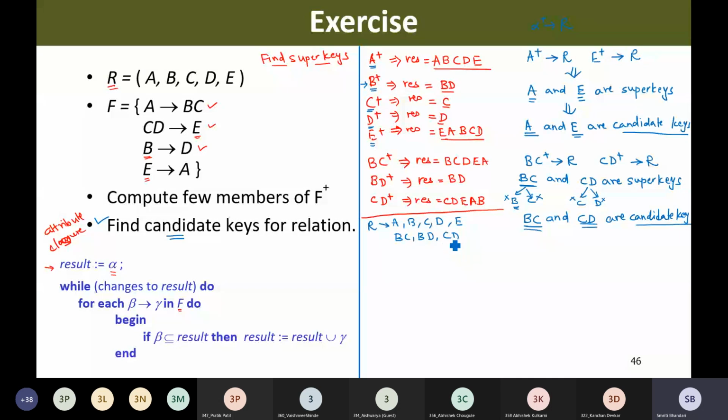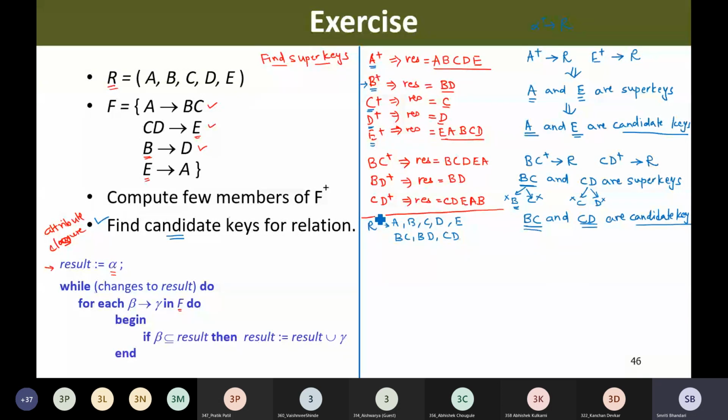Now, what next? Once we have the subsets, we are going to find out the closures of all those subsets. We have already computed these closures. What next? We are going to find out the subsets of these attribute closures.